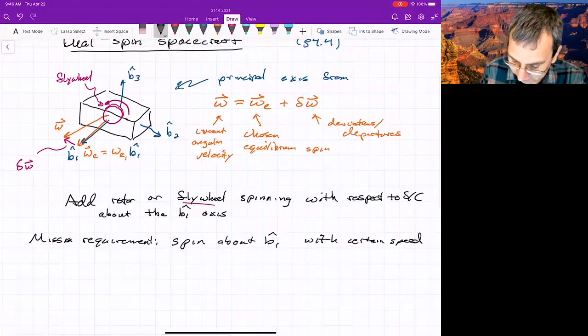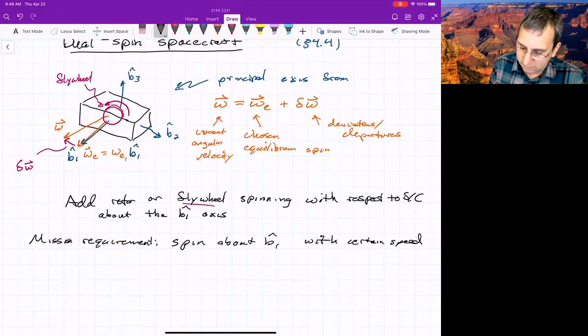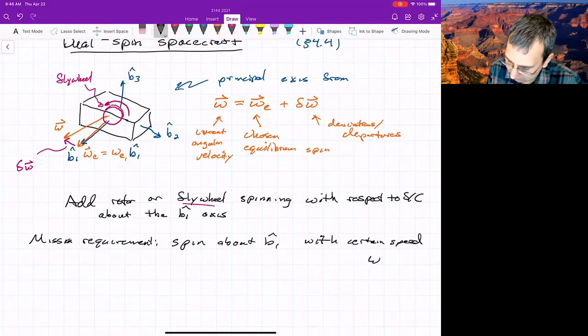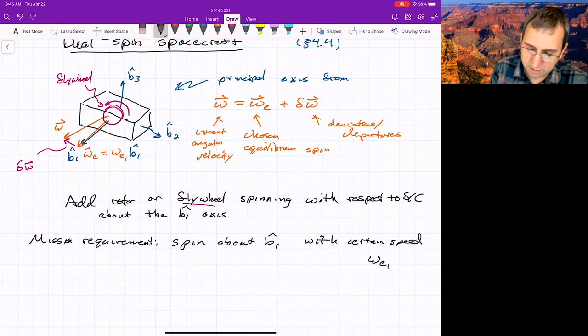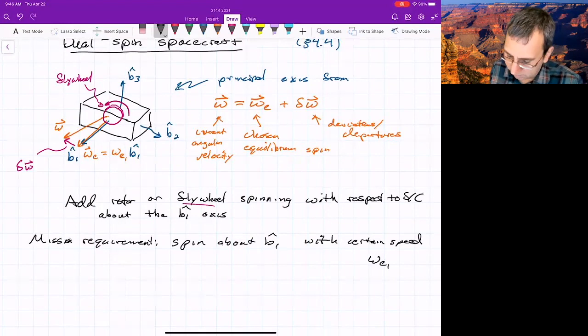Whatever the requirement is. And what is that certain speed? That certain speed is what we've called omega E1, the equilibrium rotation speed about the B1 direction.